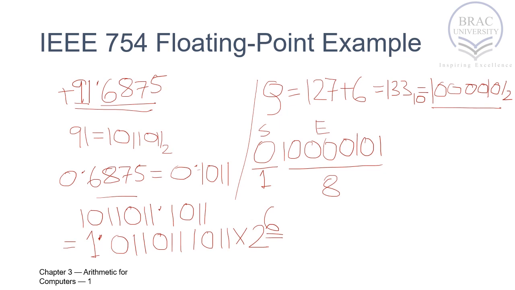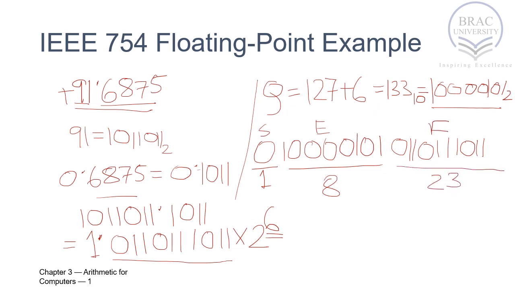I'm taking the fraction from these bits: 0110111011. Since we do not have anything else, the rest will be 0. Now there will be 23 bits, which is our fraction.